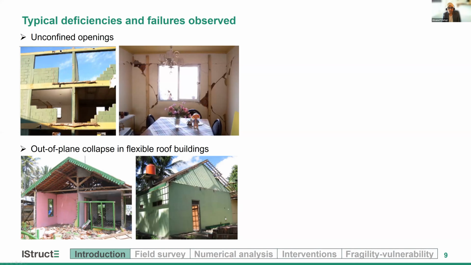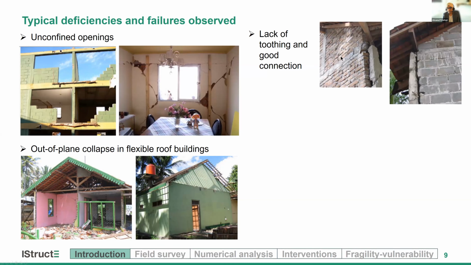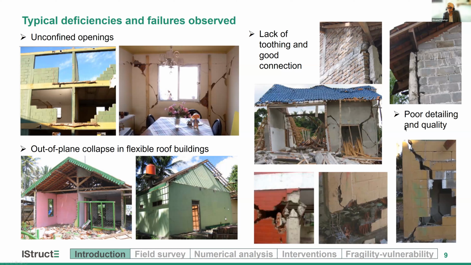We also see out of plane collapse of walls in buildings with flexible roofs, where an effective connection between the wall and the diaphragm is lacking, and there is no lateral stiffness provided by the available diaphragms. We also see this lack of toothing or good connections in many cases, and in general, poor quality and poor detailing of reinforcement, as you can see in these figures.